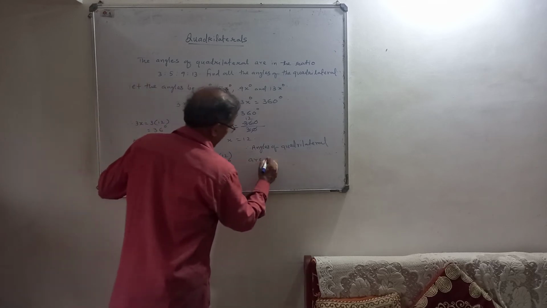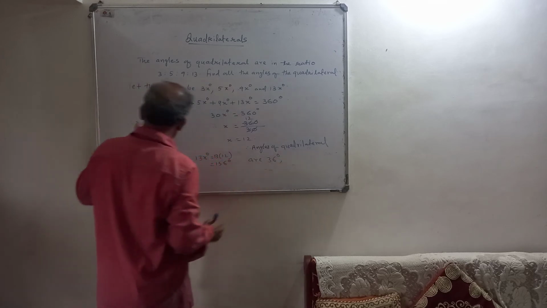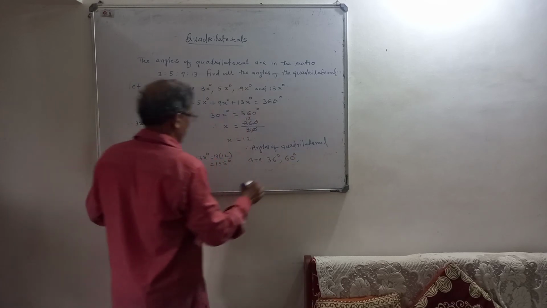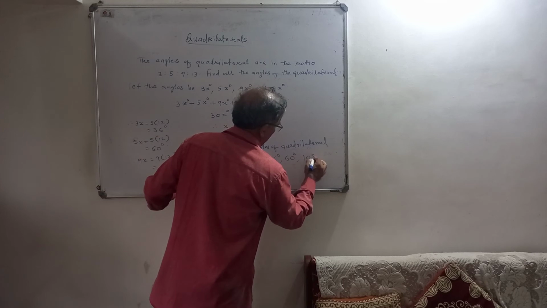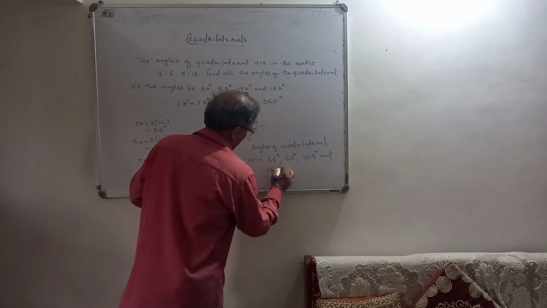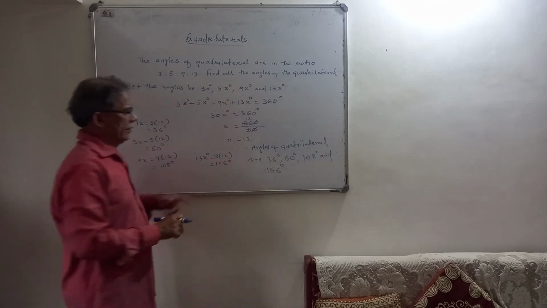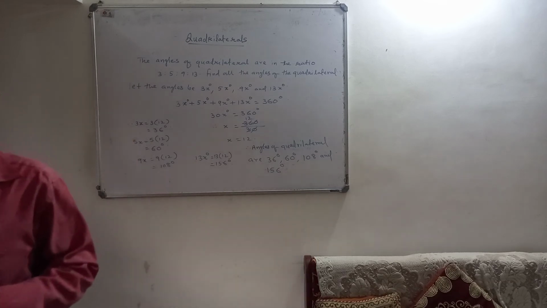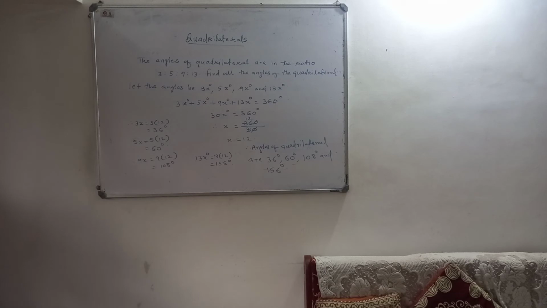One is 36 degrees, second is 60 degrees, then 108 degrees, and the last one is 156 degrees. If you add all these, the total will be how much? 360. Okay.